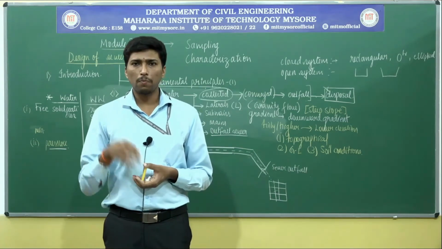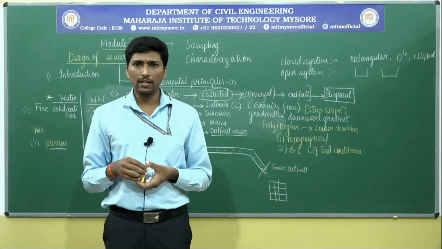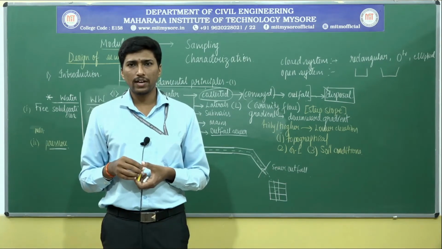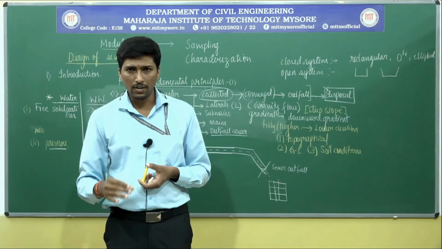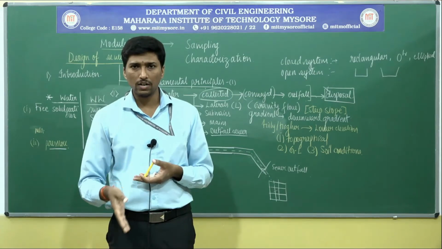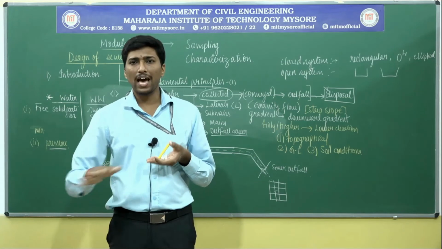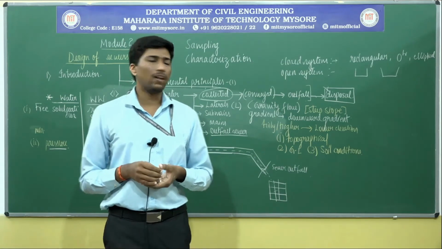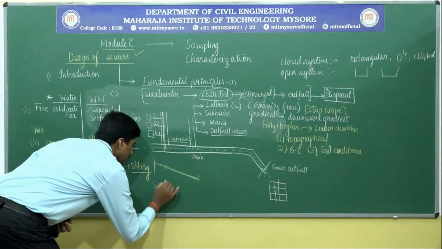The minimum velocity provided in the sewer pipelines is such that whatever suspended particles tend to deposit, or those of higher specific gravity tending to settle in the sewer pipelines, are also carried away. That kind of velocity, we call it a self-cleansing velocity.